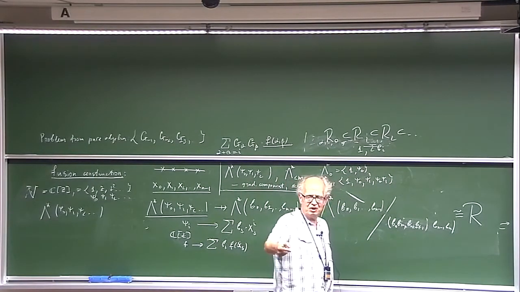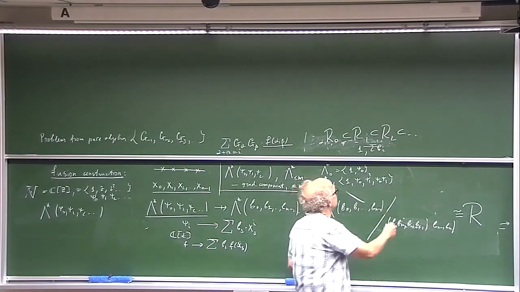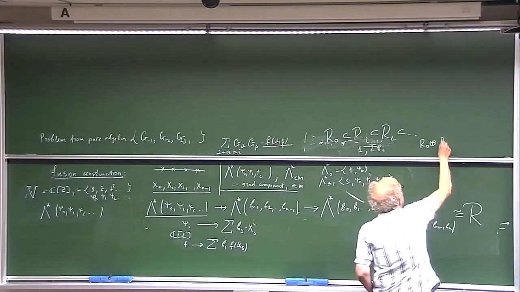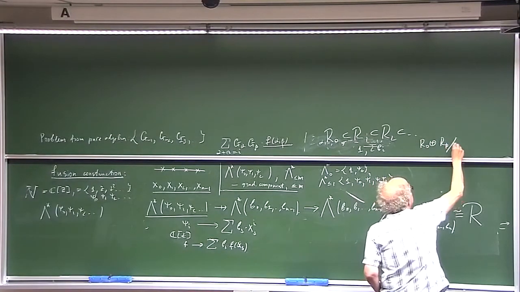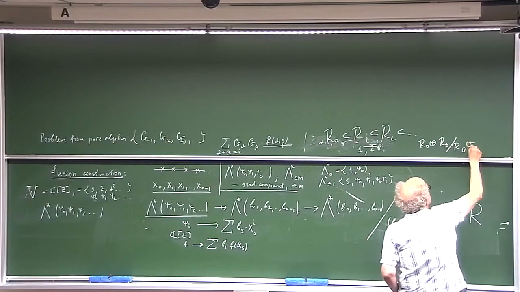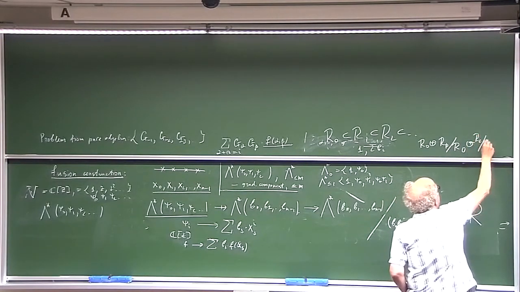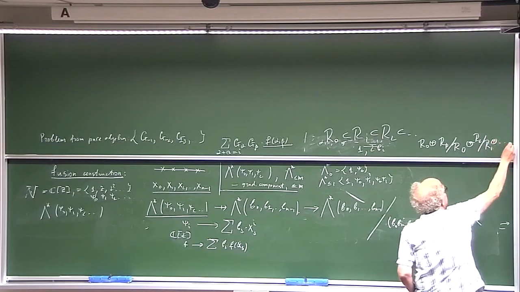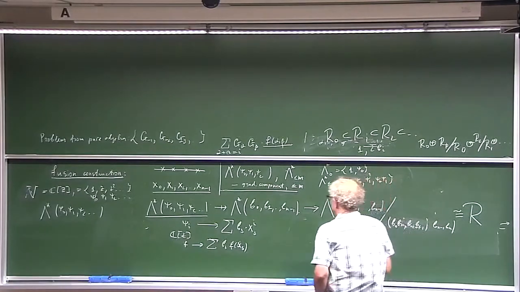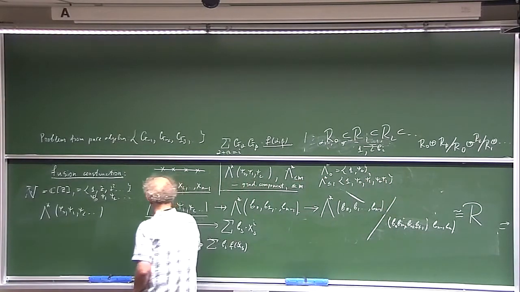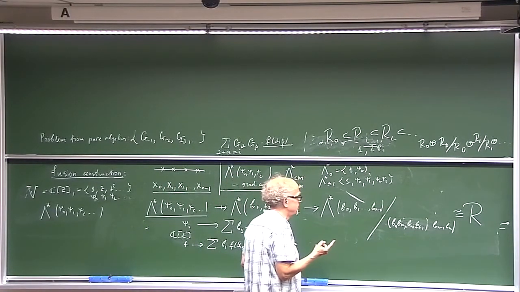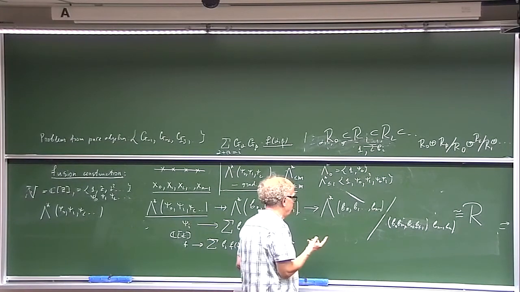R_2 is bigger, and so then I have R_0 plus R_1 over R_0 plus R_2 over R_1, and so on. And in this way, I get some representation of the Grassmannian algebra, which at least has dimension equal to Fibonacci numbers.